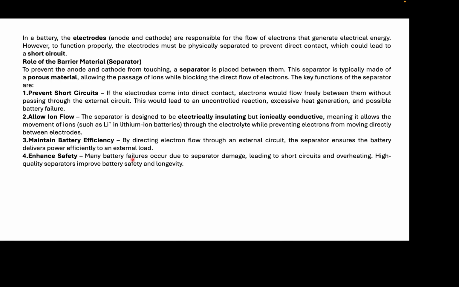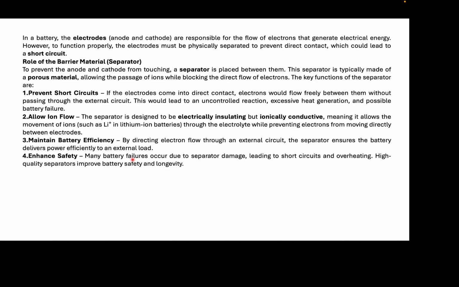So the role of the barrier materials include: to prevent the anode and cathode from touching, a separator is placed between them. This separator is typically made of a porous material, allowing the passage of ions while blocking the direct flow of electrons. The key functions of the separator or the barrier material are: first, to prevent a short circuit.